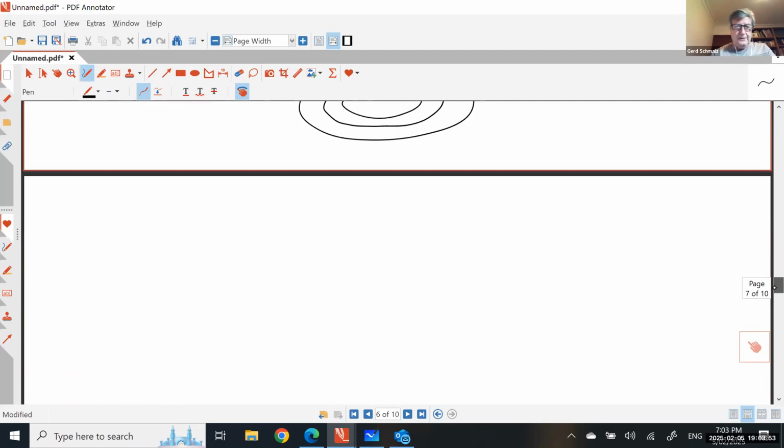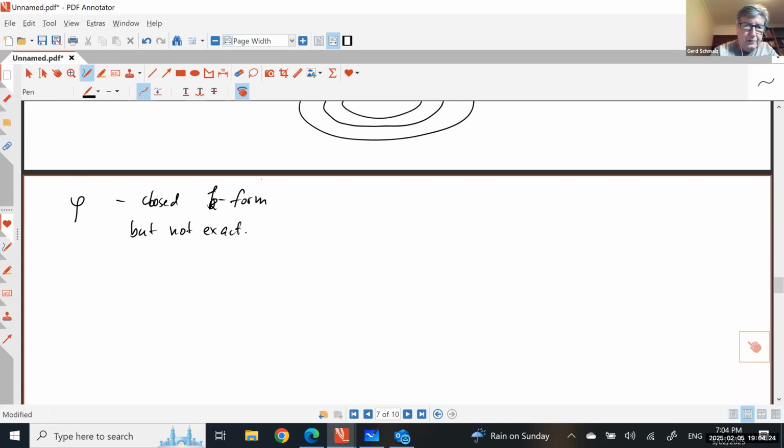So why am I interested in cycles which are not boundaries? I was actually also interested in forms which are closed but not exact. So we had the vector space of closed, say, K forms. They form a vector space.